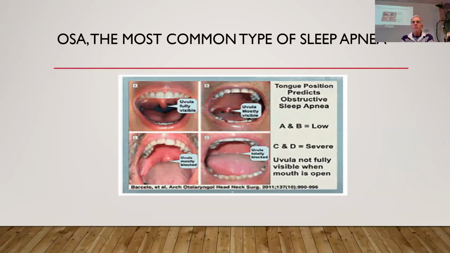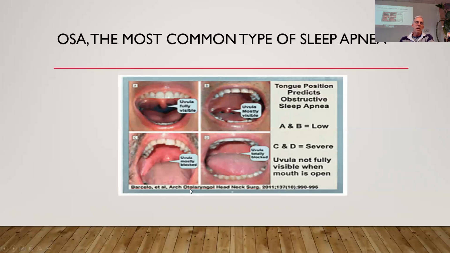If it's easily visible when the patient or the client says, ah, there are ways of predicting whether or not this individual has, or could have, problems with sleep apnea.